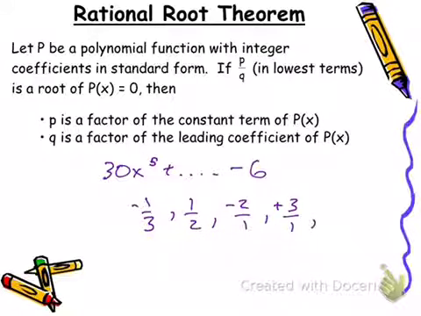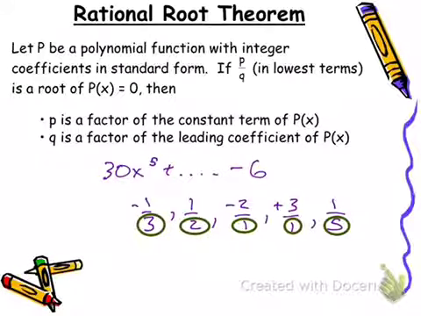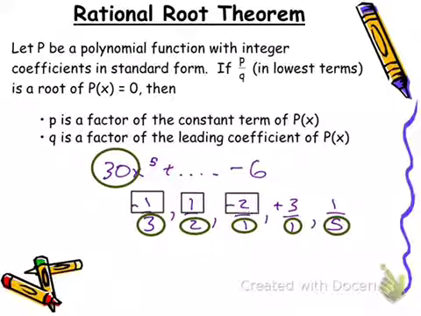And 1/5. I'm not as concerned about these being accurate at this point, but what I want to show you is that all of these denominators are factors of what? 30. All these denominators are factors of 30. Okay? All the numerators are factors of negative 6.